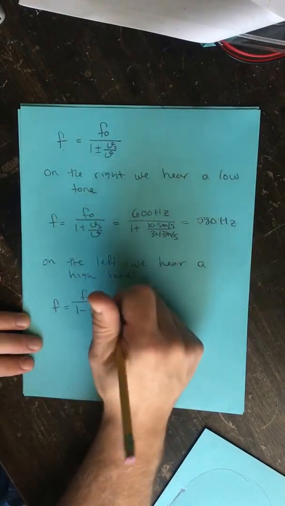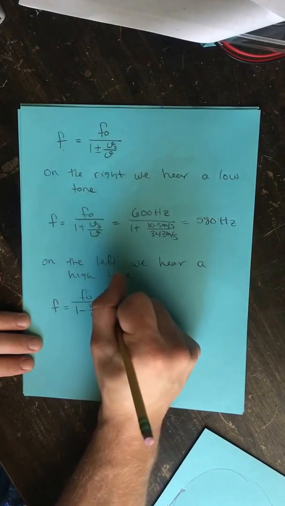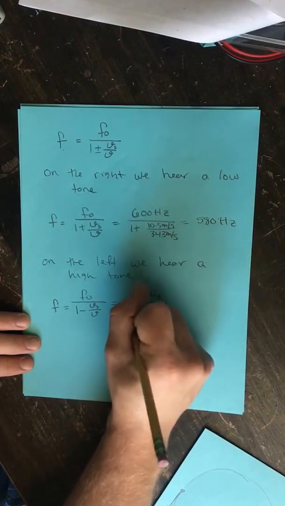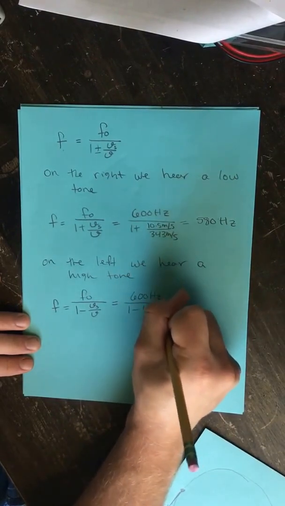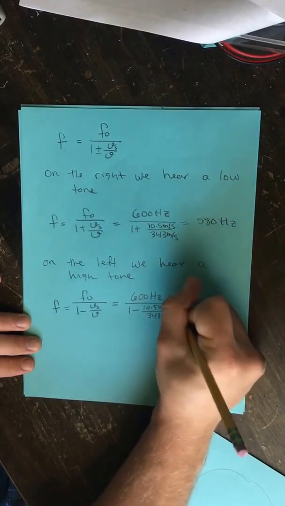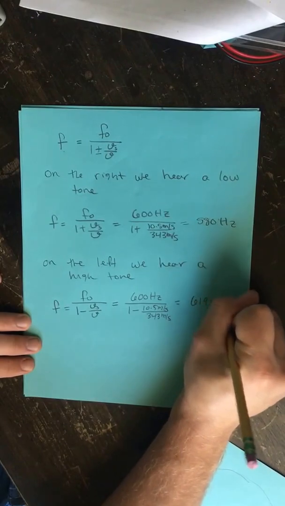Okay, this is going to increase the apparent frequency, and it's important to remember whether we choose a minus or a plus sign by interpreting the physics of the problem. So that's going to give us our original 600 hertz divided by 1 minus 10.5 meters per second divided by 343 meters per second, which gives us a Doppler shifted frequency of 619 hertz.